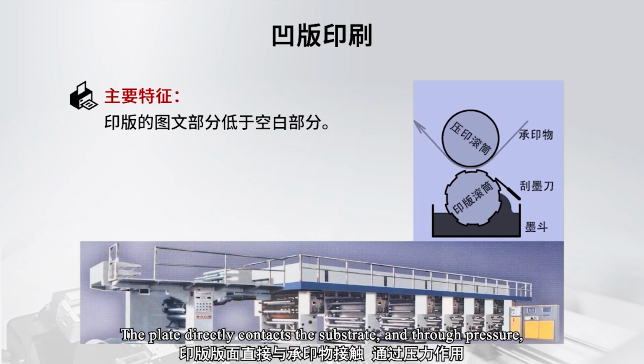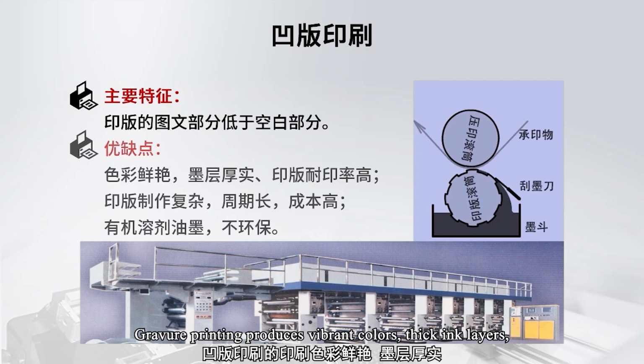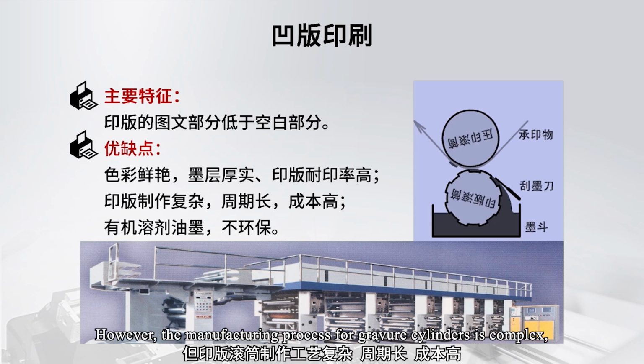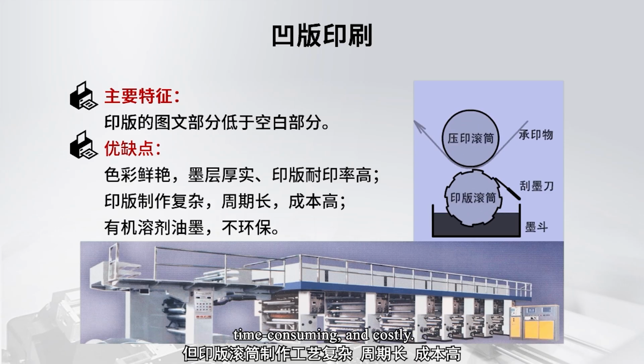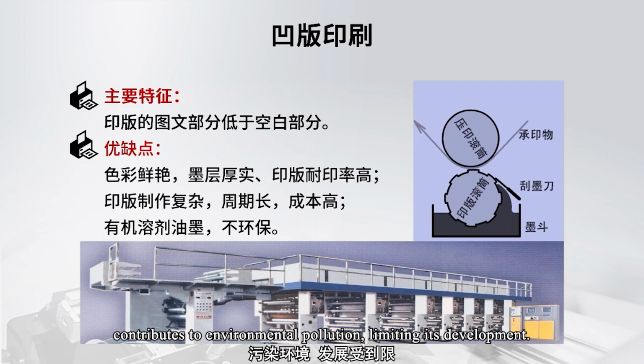The plate directly contacts the substrate, and through pressure, the ink in the image areas is transferred to the substrate's surface. Gravure printing produces vibrant colors, thick ink layers, and high plate durability. However, the manufacturing process for gravure cylinders is complex, time-consuming, and costly. Additionally, the use of inks containing organic solvents contributes to environmental pollution, limiting its development.